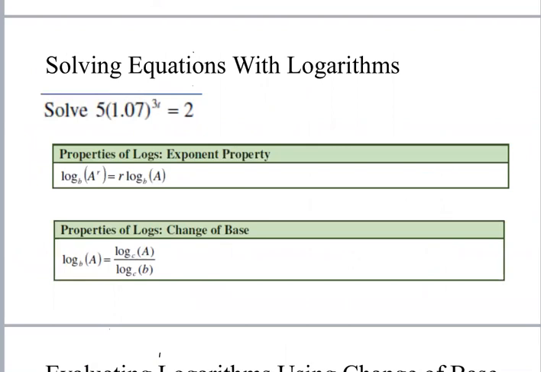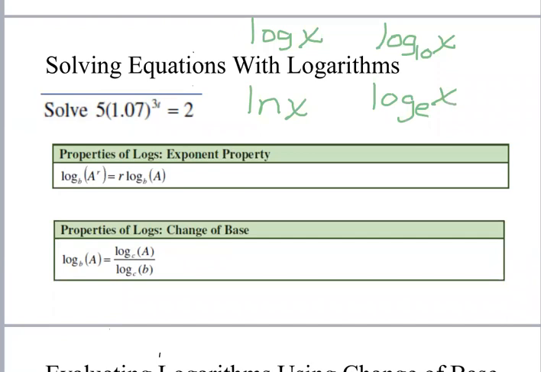So on our calculator, we already mentioned, we have two buttons. We have log of x, which is log base 10, and we have natural log of x, which is log base e. We don't have the other numbers on there.